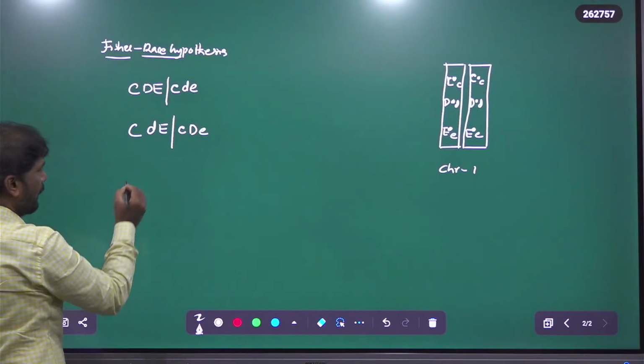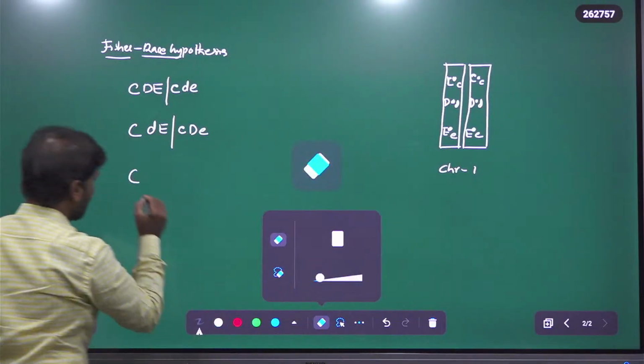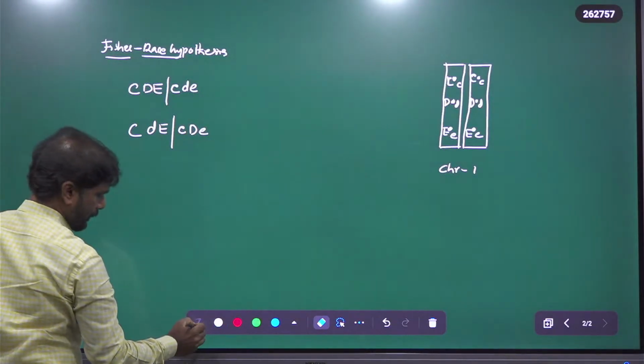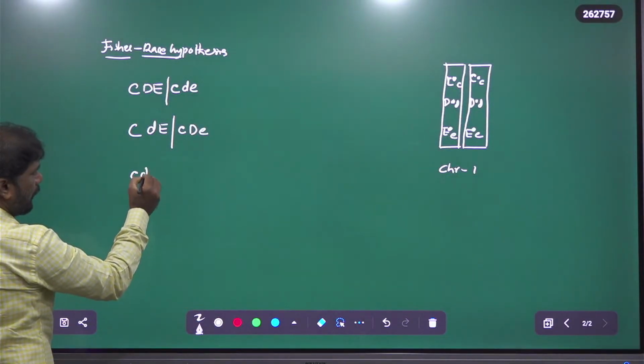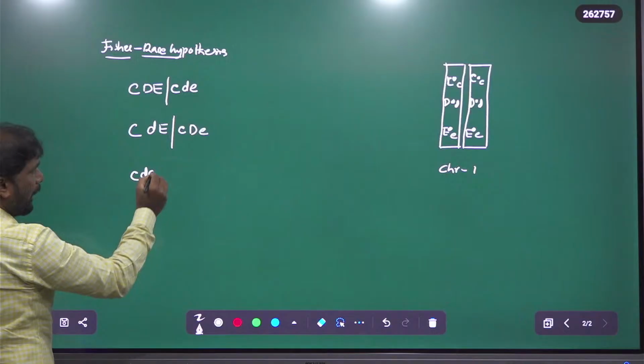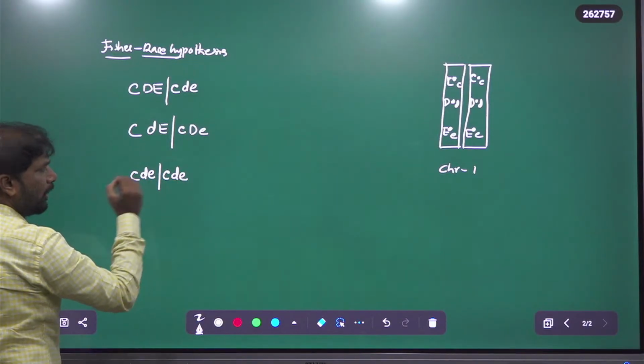And here it is small c, small d, small e, as well as small c, small d and small e.